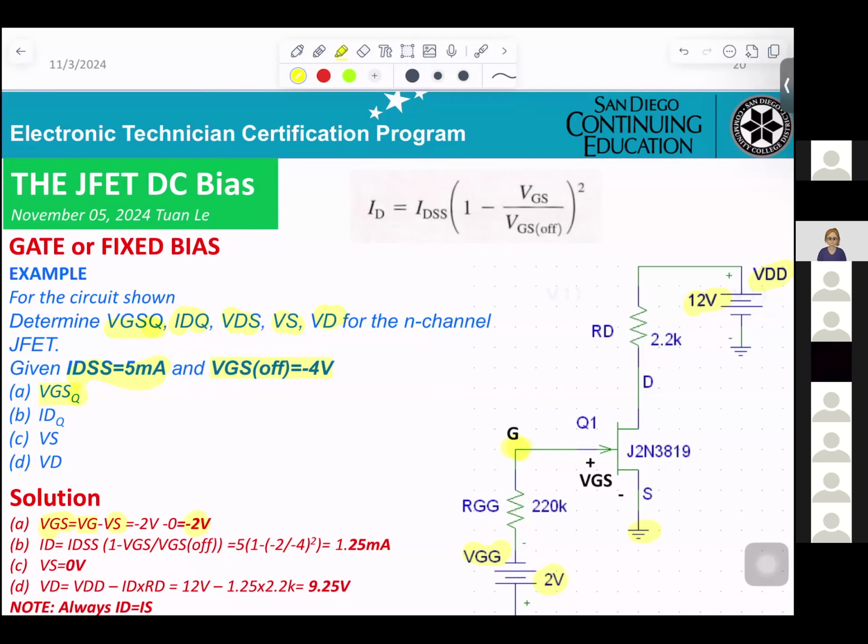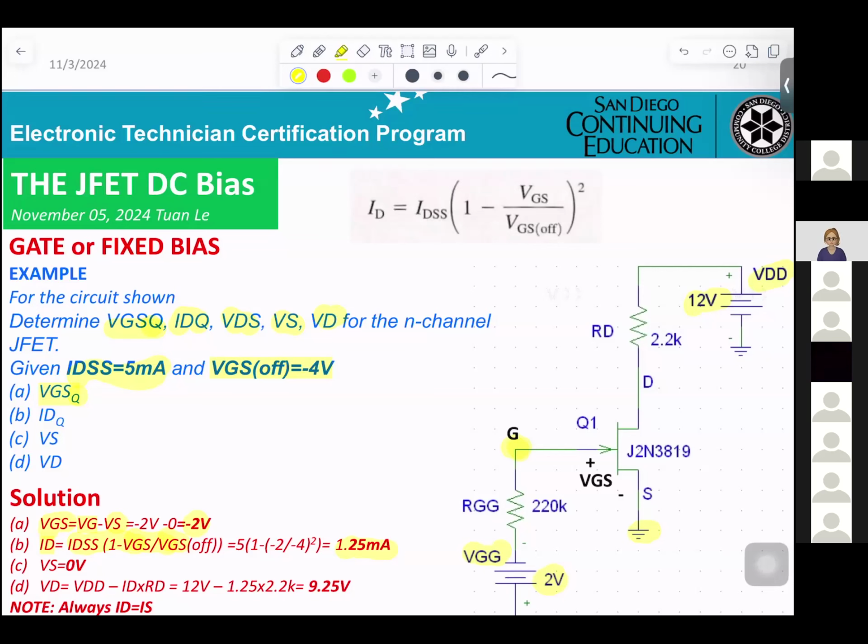Okay? And if you want to calculate the ID, ID equals IDSS times 1 minus VGS over VGS off, squared. I made square here, okay? And that's why they come 1.25 milliamp.